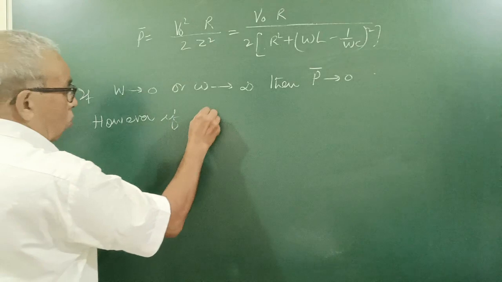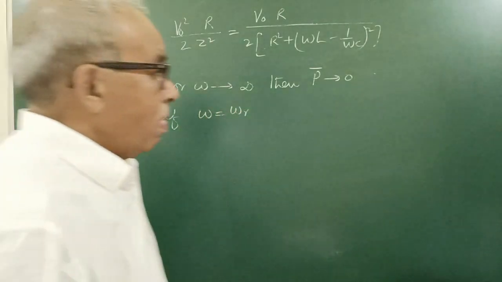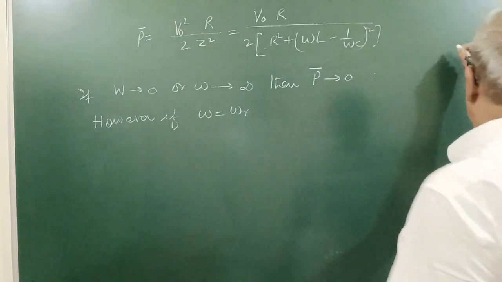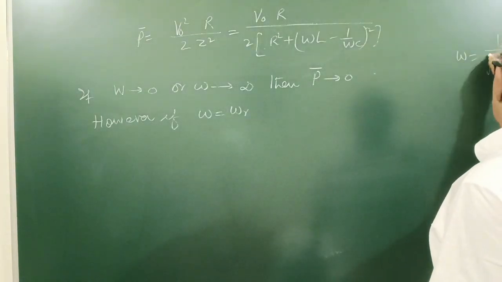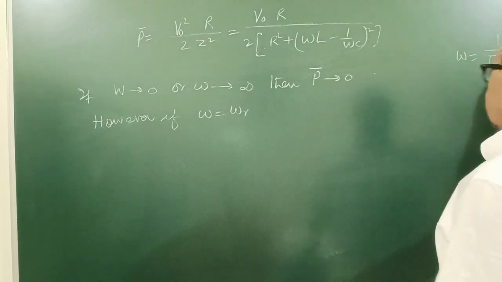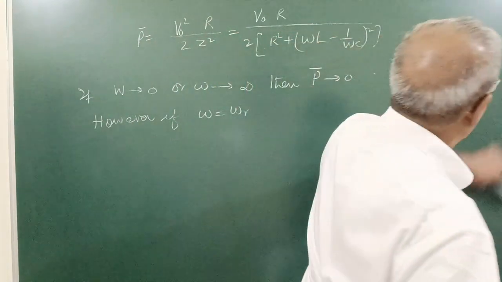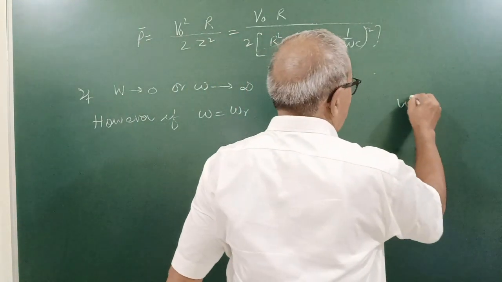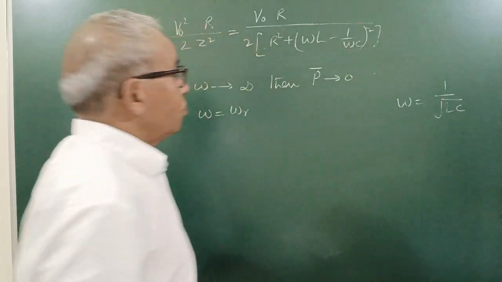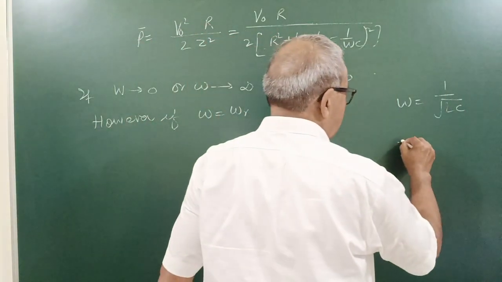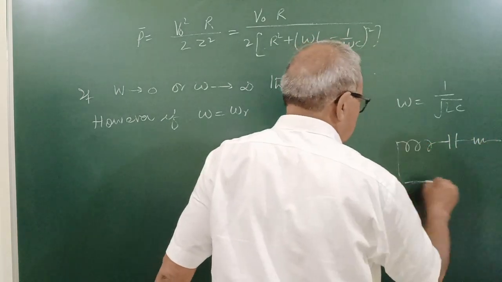However, if omega equal to omega r, the resonant frequency. Dear student, I told you if we have an LC circuit, then omega equal to 1 upon under root LC. That is, the frequency of oscillation of the electron depends on the values of L and C also. But here we have a circuit with inductor, capacitor, resistor, and here the source.